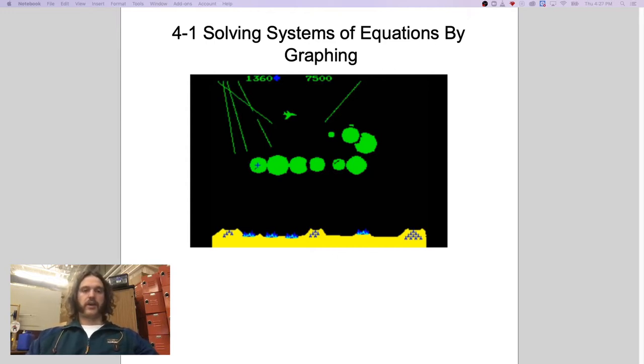I'm not a history buff by any means, but missiles were a hot topic. Everyone was worried about missiles coming to the United States. So it makes sense that this game was produced then.